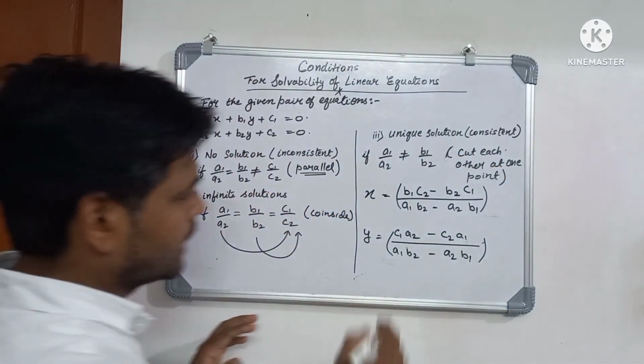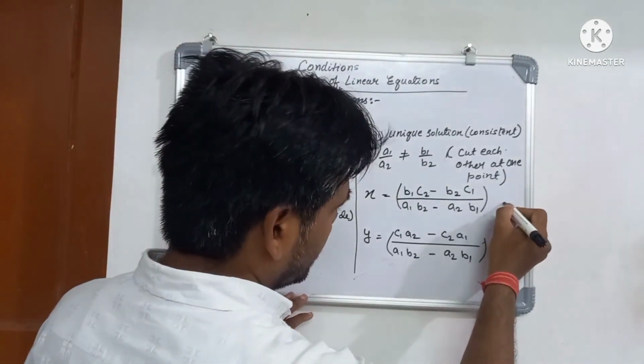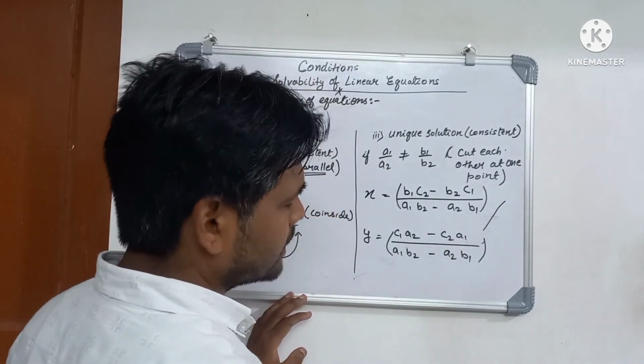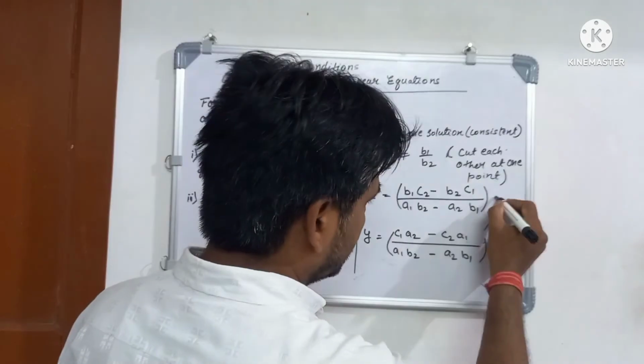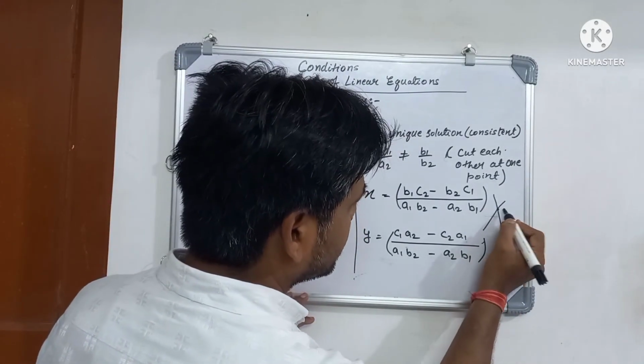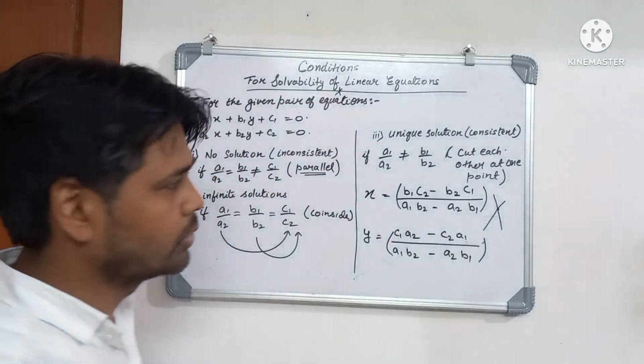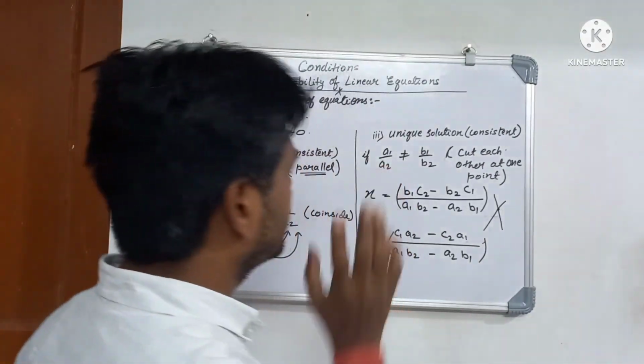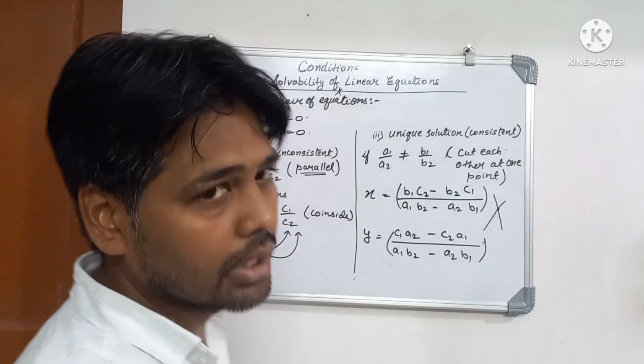Like, if this is equation number 1 and I have equation number 2, this point of intersection will be treated as the unique solution, or the consistent solution, for the given pair of linear equations.